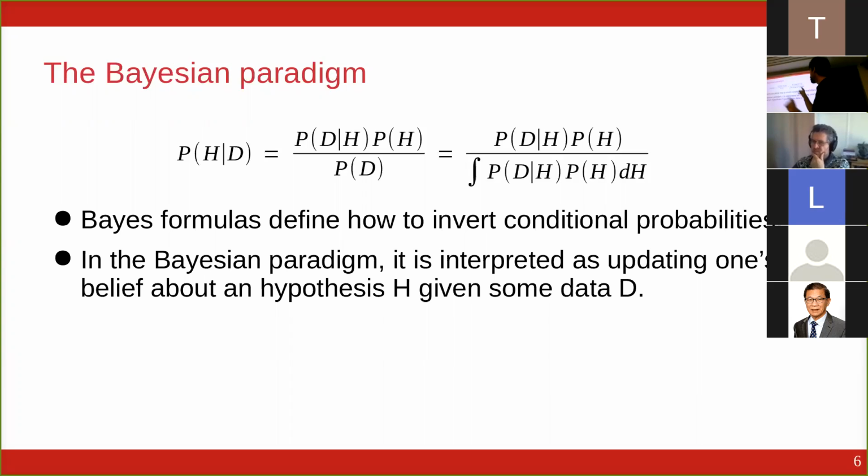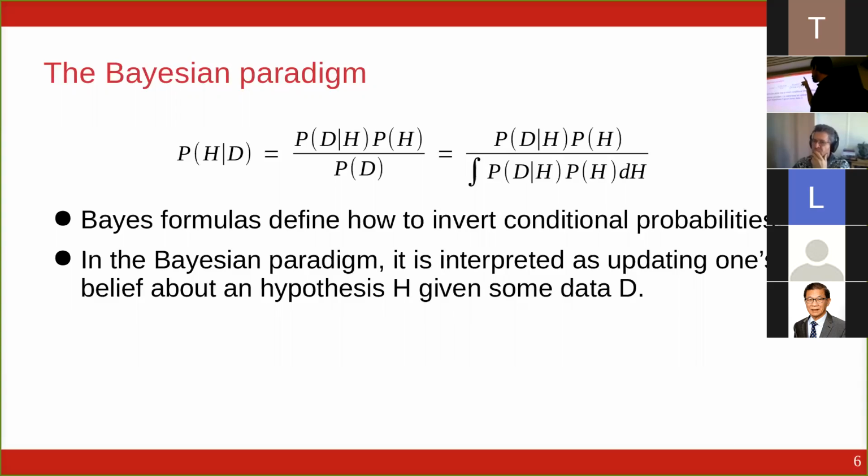So in the case of deep learning, D would be the training set, and H might be the parameterization of the neural network. And it's quite easy to define the conditional probability of the training set given a parameterization.